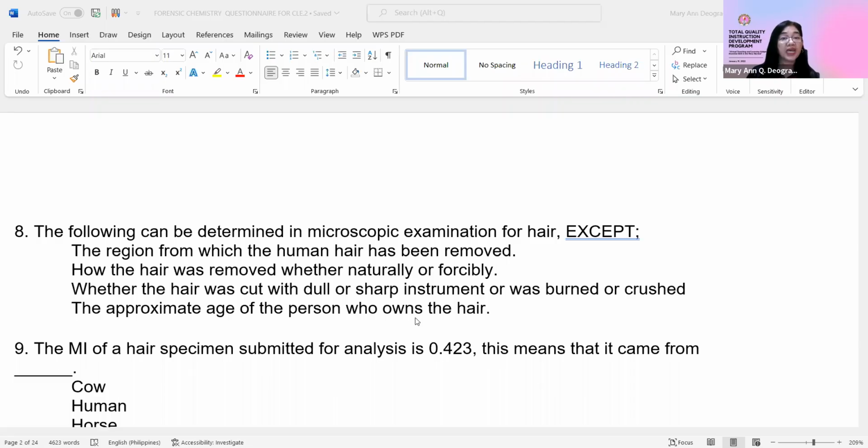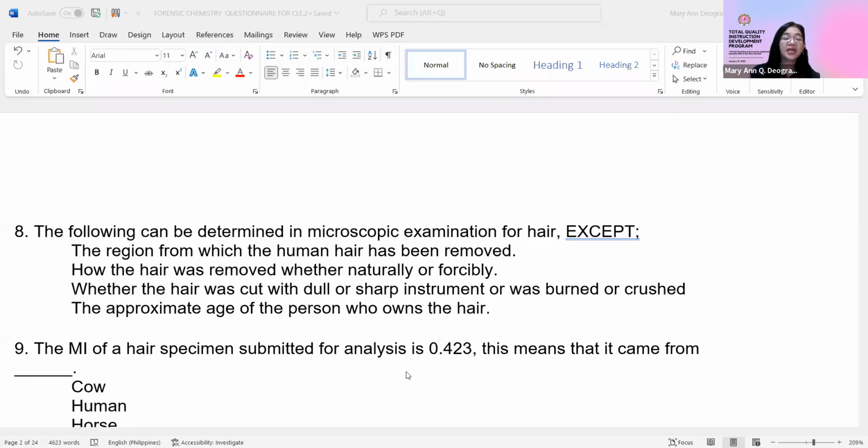The solubility test, wherein we can determine the approximate age of the person because using potassium hydroxide, a child's hair dissolves easily while that of an adult's hair does not. Pero ang ginagamit dyan, chemical test. So that's one way also of examining hair, but that is for chemical test. Then the first three can be determined using the microscopic examination.